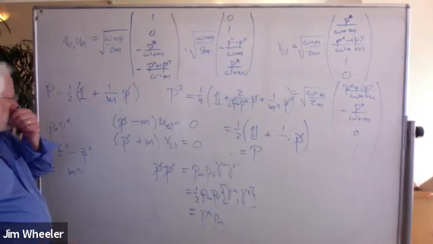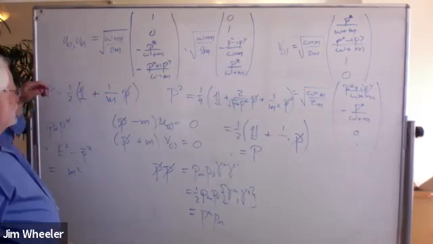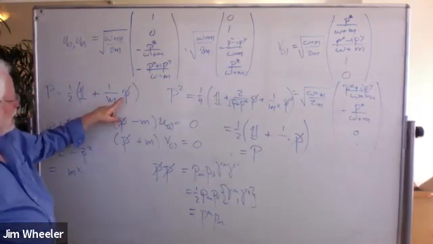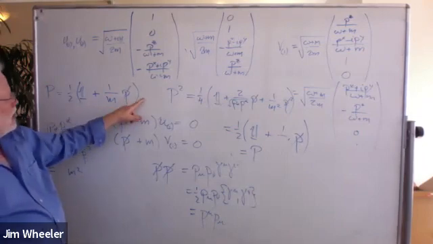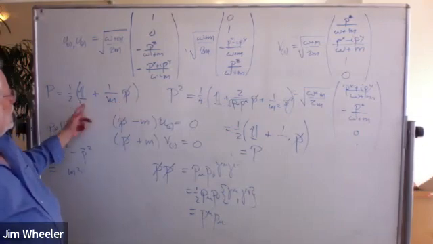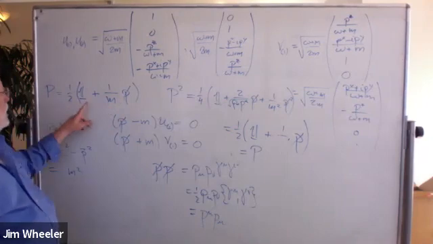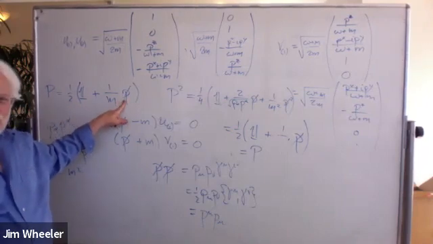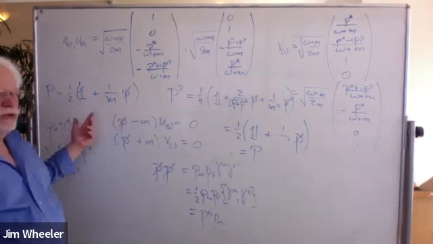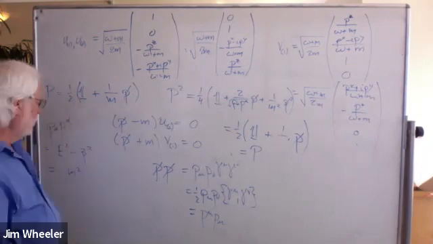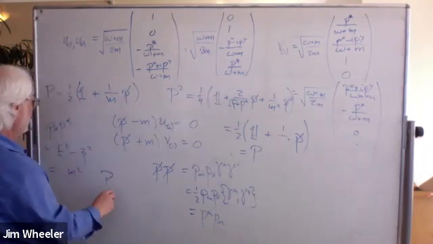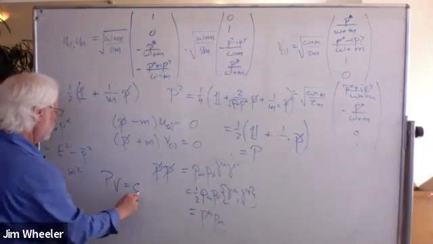Okay, so this is a projection operator, and you can see that if P hits a U type thing, it's going to pull out an M, and I'll get 2 over 2. If P hits a V type thing, I'm going to get minus M, and I get 1 minus 1 is 0. So P acting on V is 0.